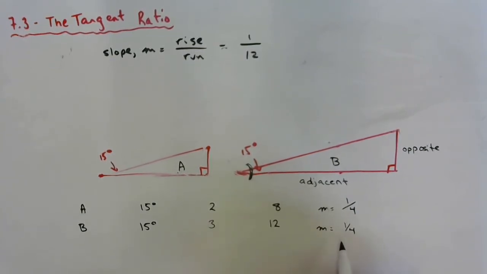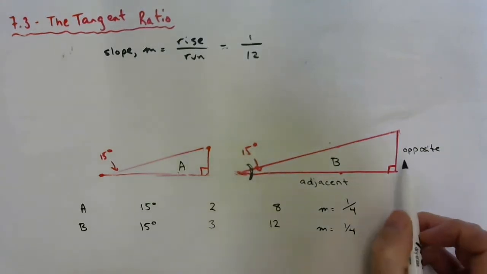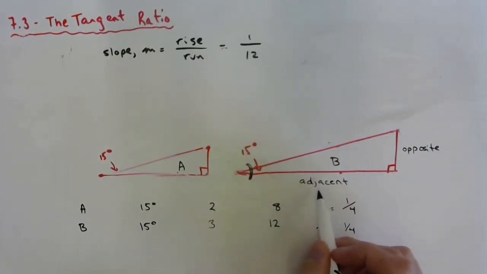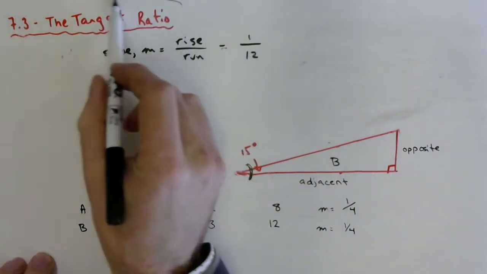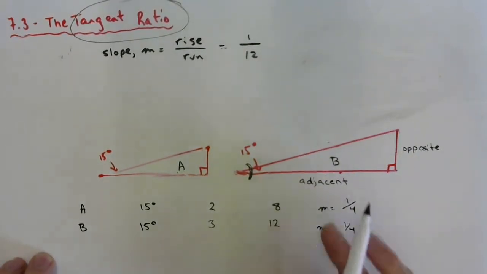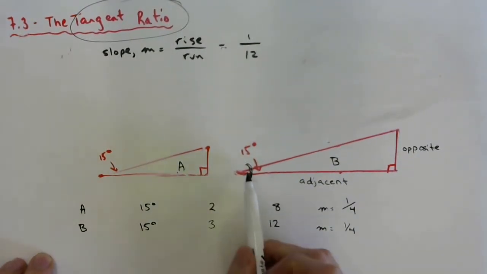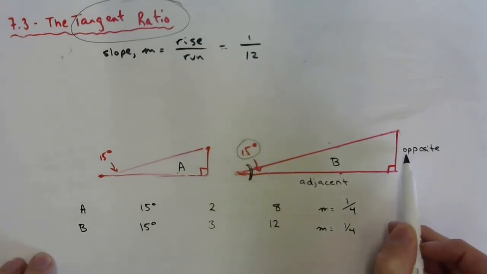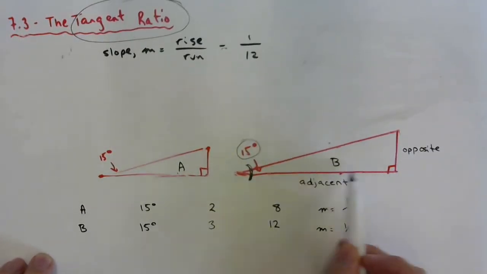Okay? Now what we're going to learn today is that ratio that we just talked about, opposite over adjacent, is called the tangent ratio. Okay? The tangent ratio is opposite over adjacent. Say it another way. The tangent of 15 degrees is equal to the ratio of the opposite side over the adjacent side.